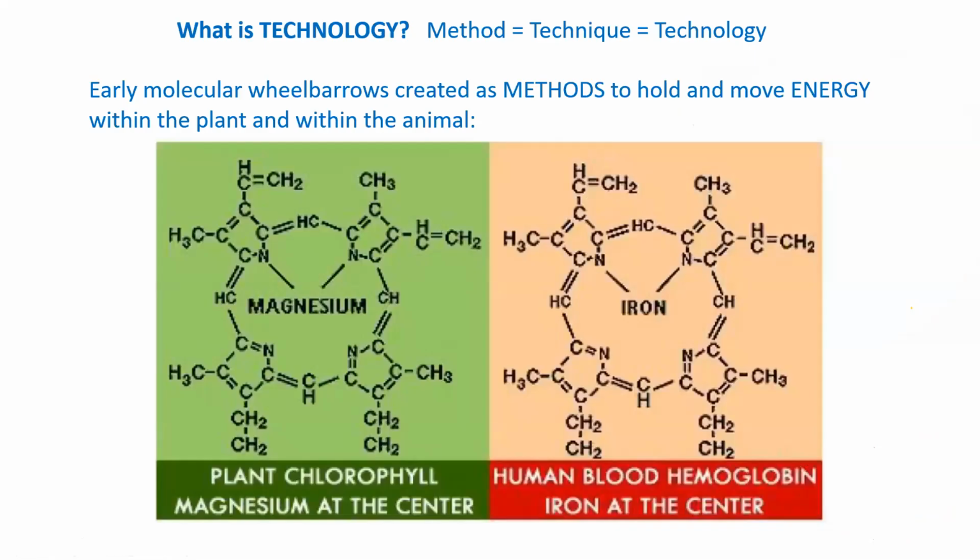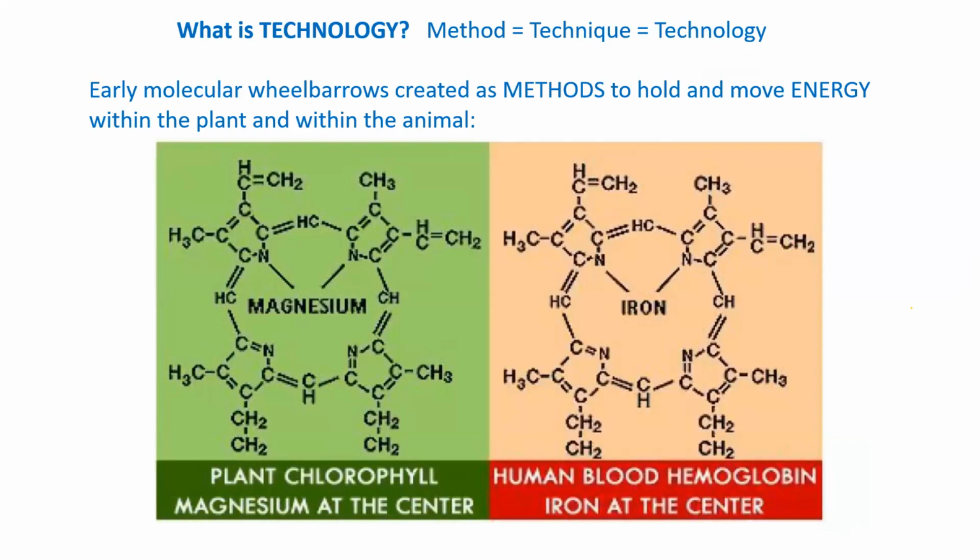So again, technology is method, technique, and here this amazing capability of the light elements to use magnesium first to create chlorophyll in plants, and then the same molecule figuring out, well, let's use iron when they start creating animals. So you have here really a wheelbarrow for energy.